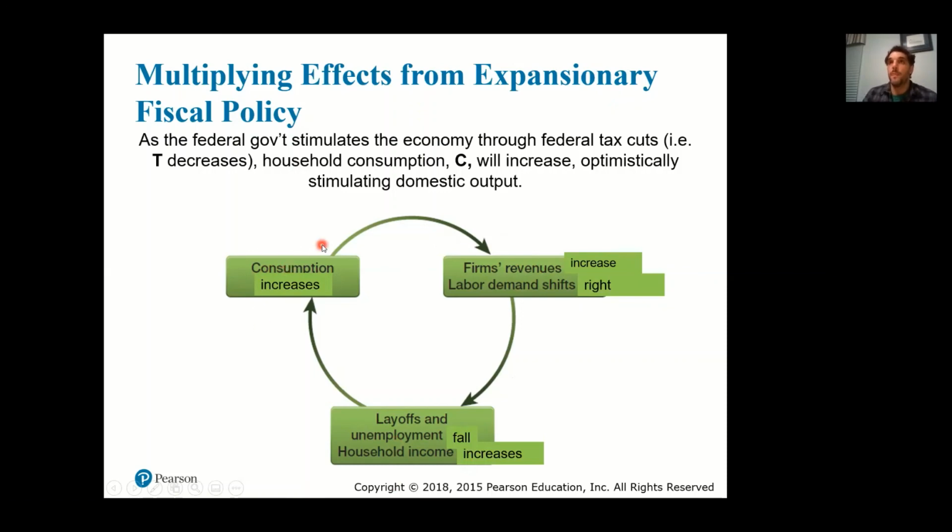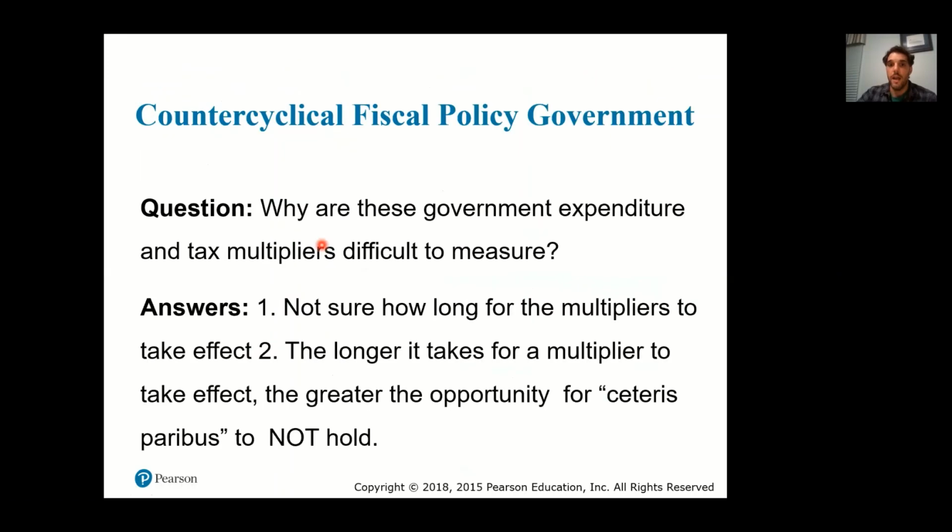So these effects take a really long time to occur, and we don't know exactly how long they're going to take. But given that they take so long, things happen in the time frame in which the multipliers are estimated.